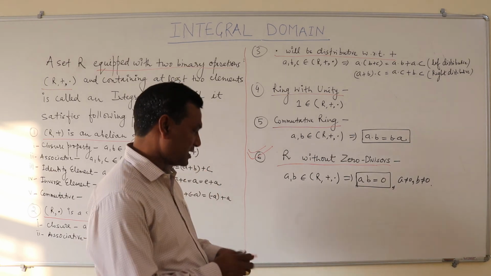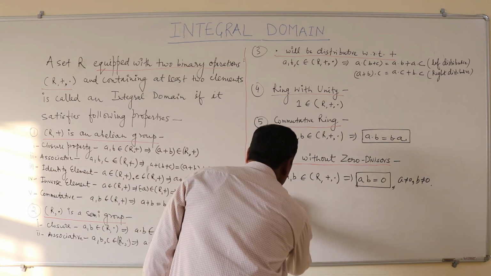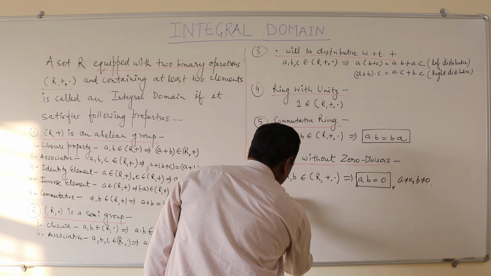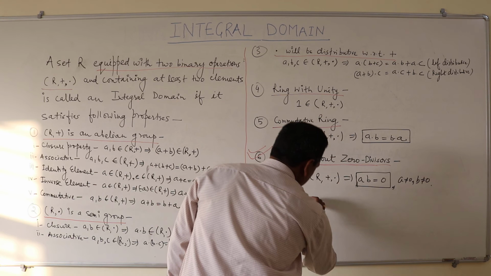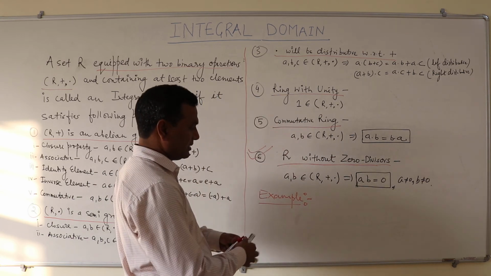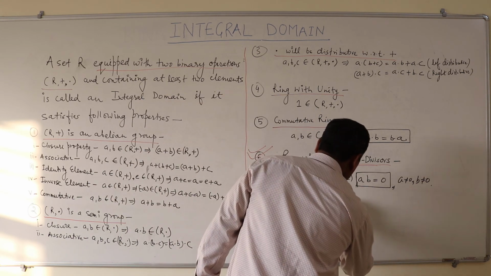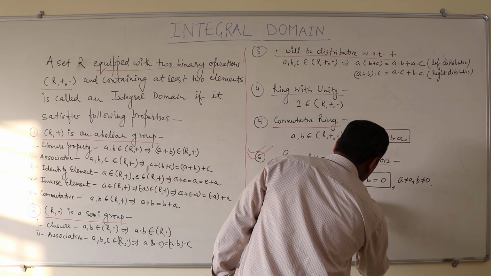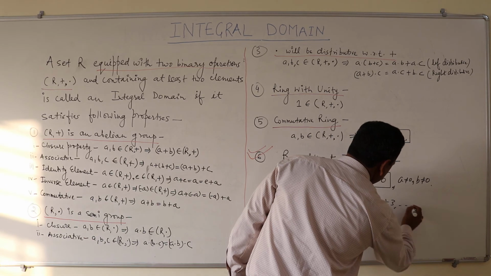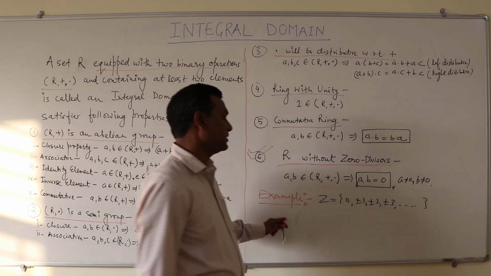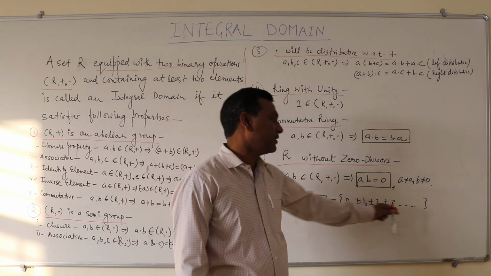Now we will see an example. The most popular example of this is, let Z equal 0, plus minus 1, plus minus 2, plus minus 3 and so on. Let us say this is a set of integers.